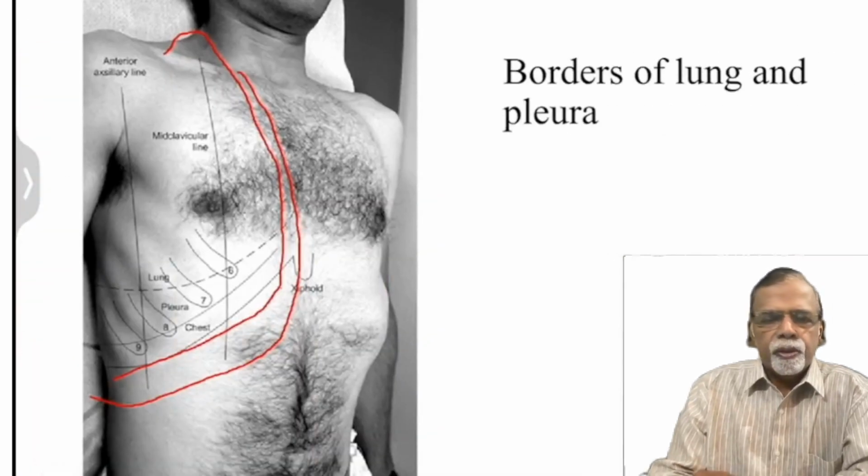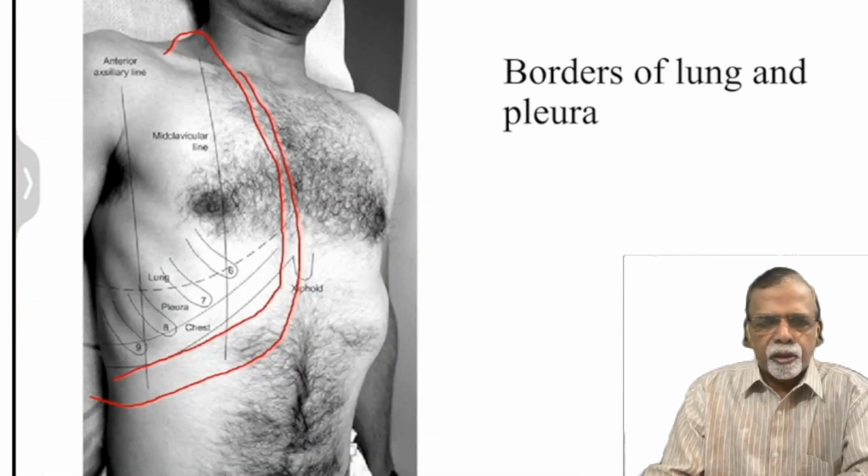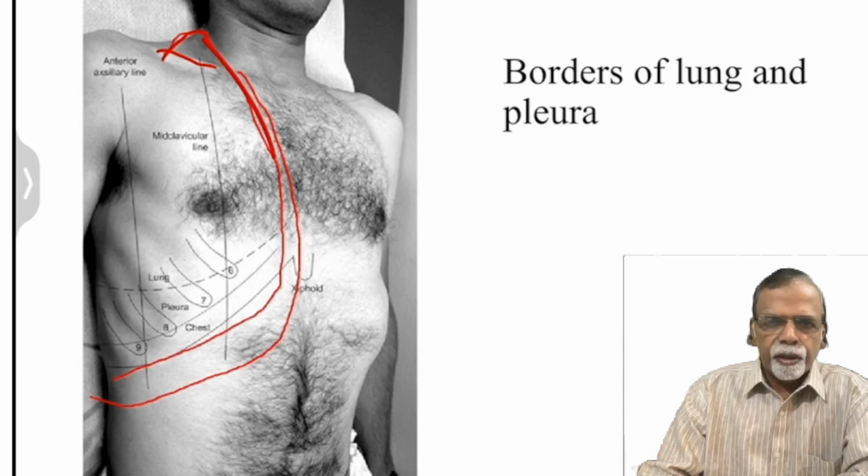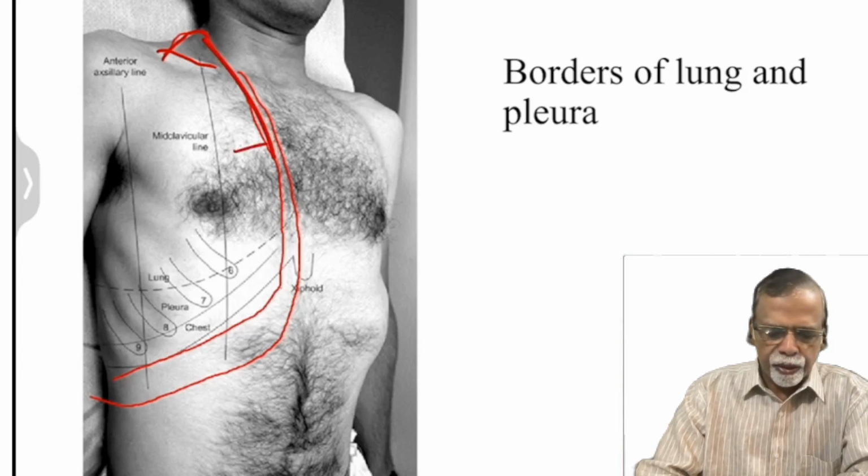We should know a few things about the surface marking of the lung and pleura. As shown in this picture, the lung extends around 2 to 3 centimeters above the clavicle. It descends and reaches the midline near the sternal angle.